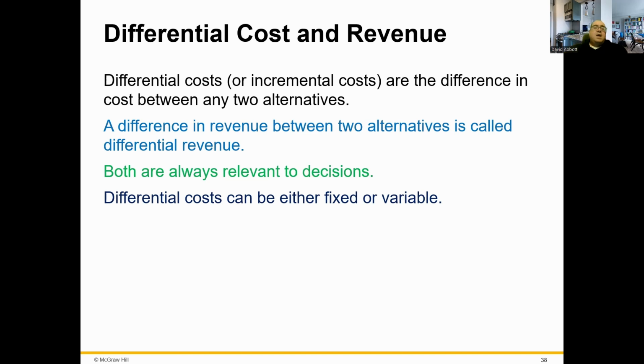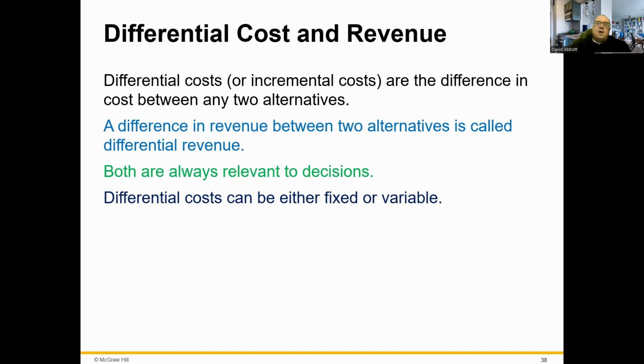Okay, so there's different things here. I know the other book talked about that, but we're not using that. But as an example, we have differential or incremental costs. A difference in revenue between two alternatives is called differential revenue. So if we're going to make a decision that's going to affect our revenue, then that would be differential revenue. Both are always relevant to the decision.